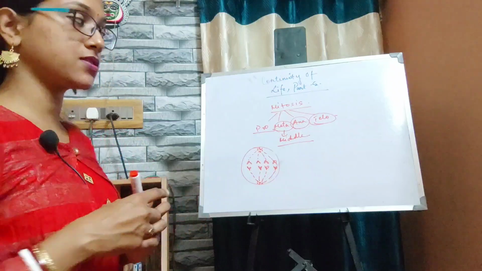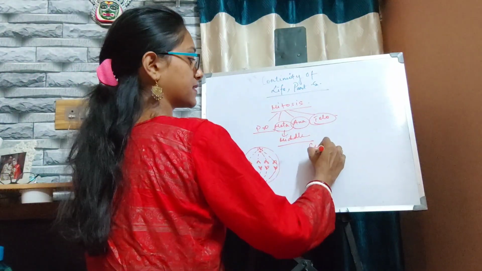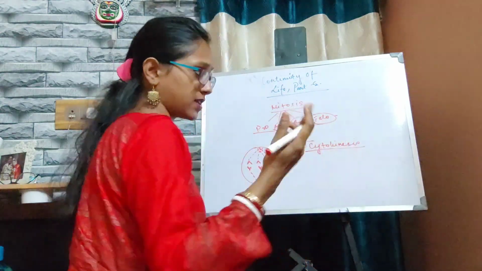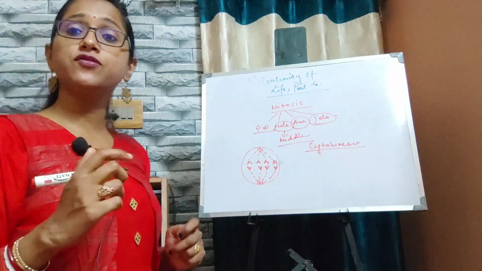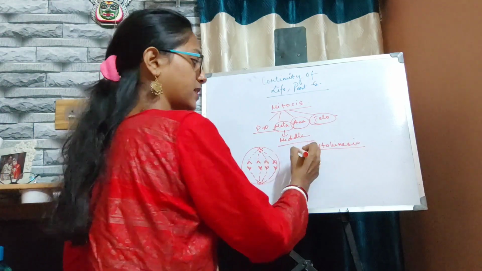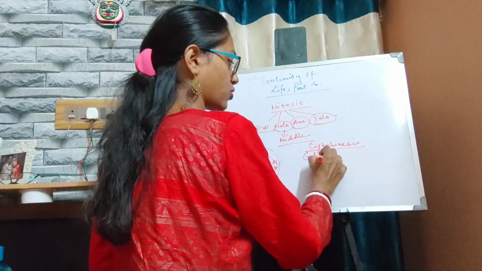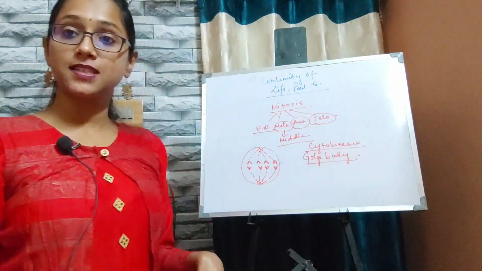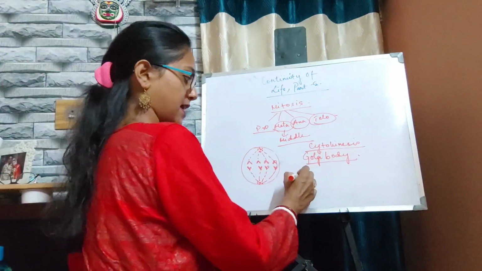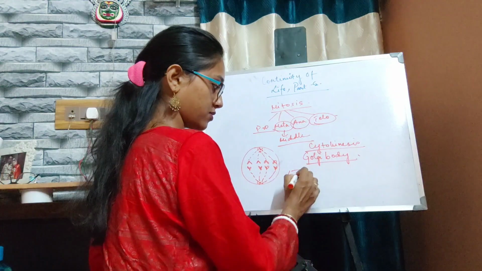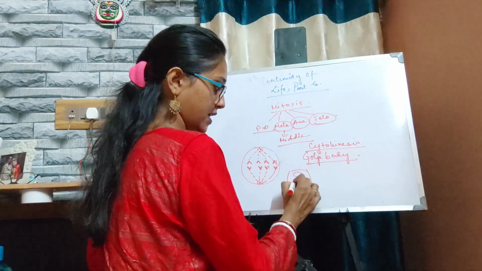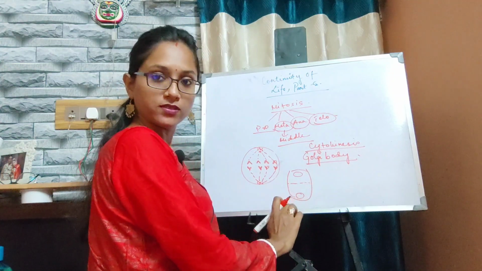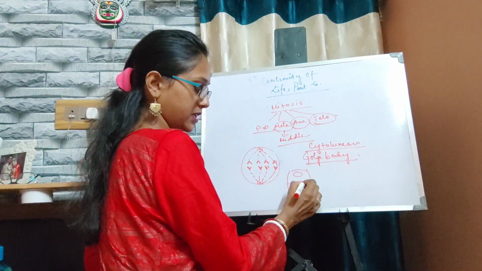Now after this we will jump to the next part, that is cytokinesis, which is the division of the cytoplasm. Now in the case of a plant cell, what happens? There is an organelle named the Golgi body, which pours out its secretion, and as a result it creates a thin plate at the middle of the cell, and this plate will elongate.